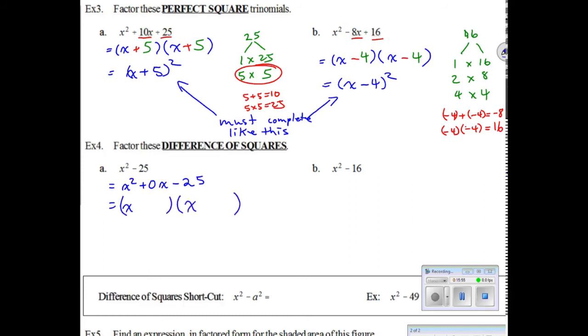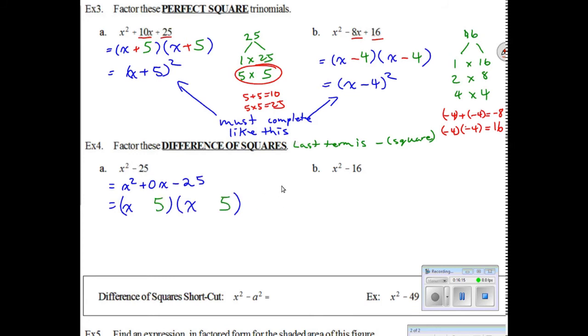Okay, and then here's what we're going to do. We're going to write down all the possible factors of 25, just like last time. Okay? The last term for a difference of squares is always negative. Just remember that. That's how you know you might have a difference of squares.